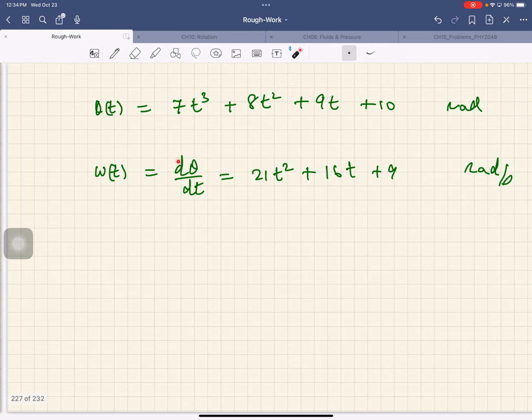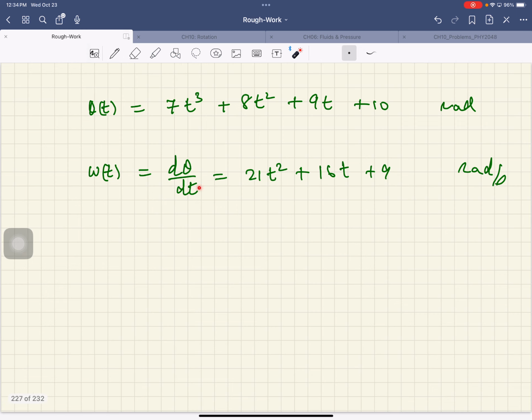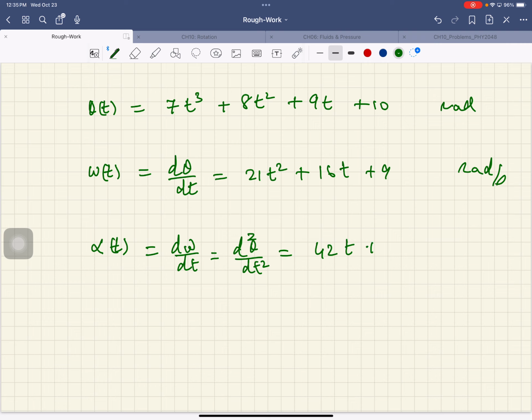Radians for this guy, seconds for this guy. And if you wanted to calculate angular acceleration, alpha would be d omega by dt, the time derivative of the angular velocity, or the second time derivative of the angular position, which would be 42t plus 16, and the units would be radians per second squared.